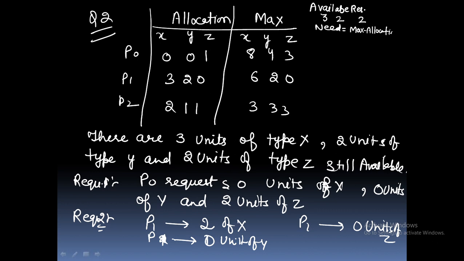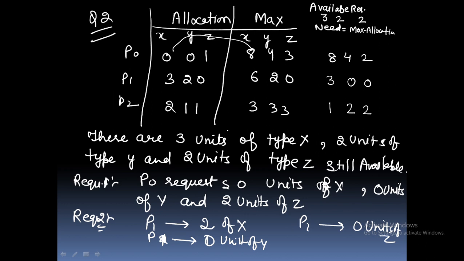This formula will be used for finding need. You can find it like this: 8 minus 0, 8; 4 minus 0, 4; 3 minus 1, 2; 6 minus 3, 3; 2 minus 2, 0; 0 minus 0, 0; 3 minus 2, 1; 3 minus 1, 2; 3 minus 1, 2. These are the needs. Currently the system is in a safe state.